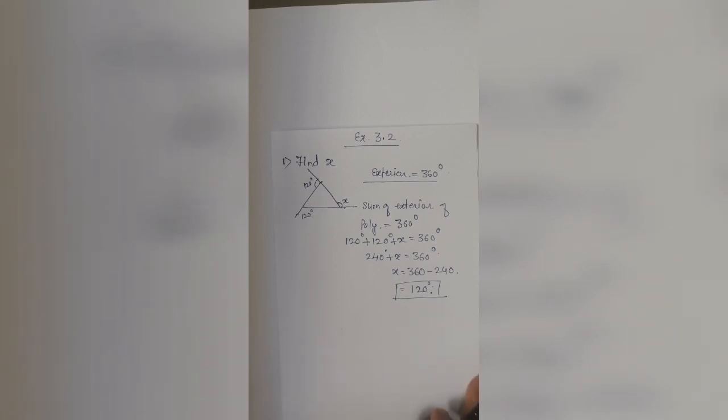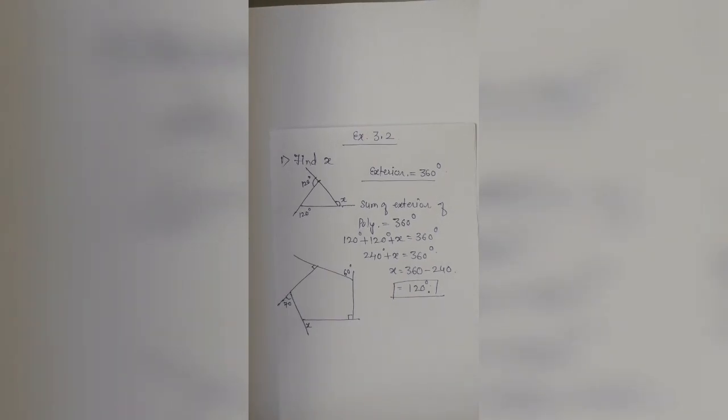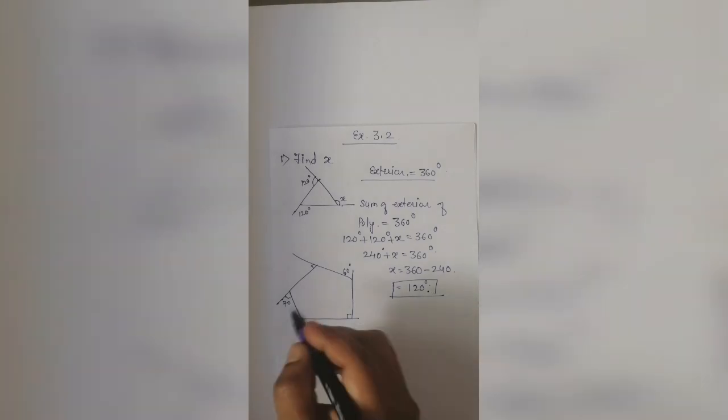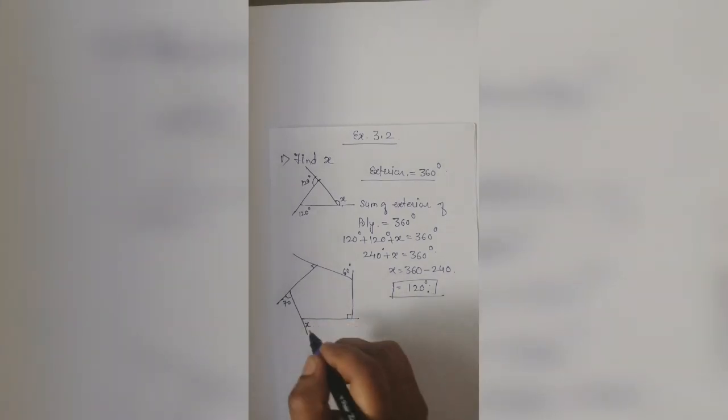Okay. Now in the second figure, they have given a pentagon. It is a pentagon, that means a 5-sided figure, but the sum of the exterior angles of any polygon is 360. That means here also it is 360 only. Here 70 degrees is given.